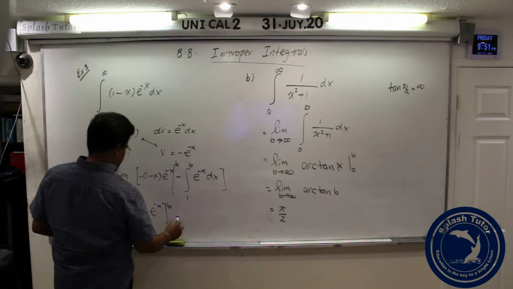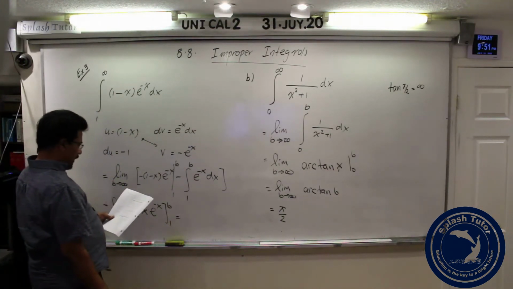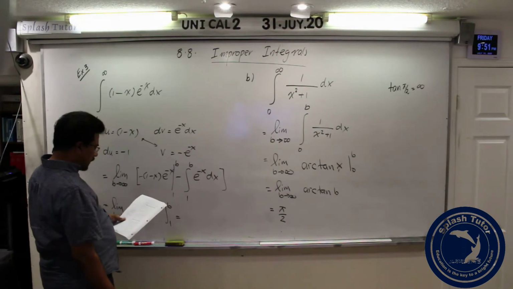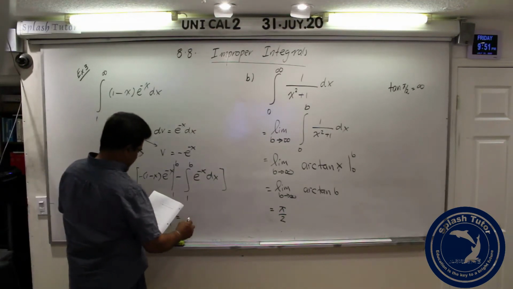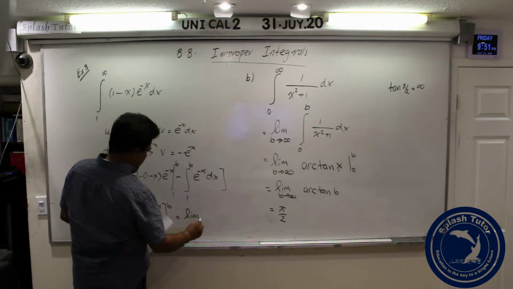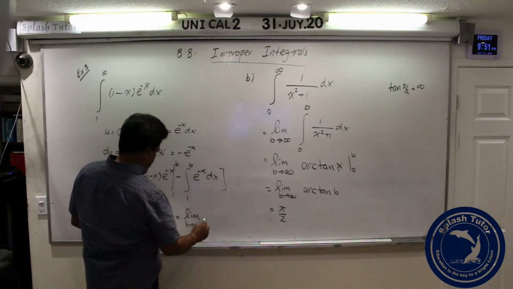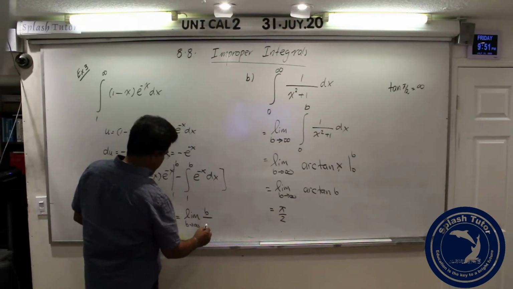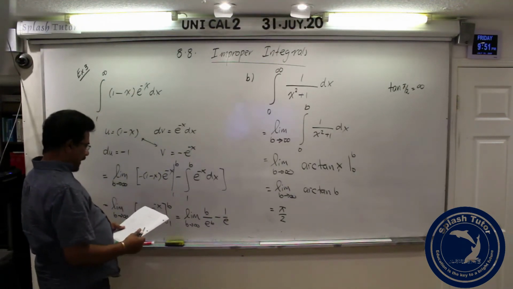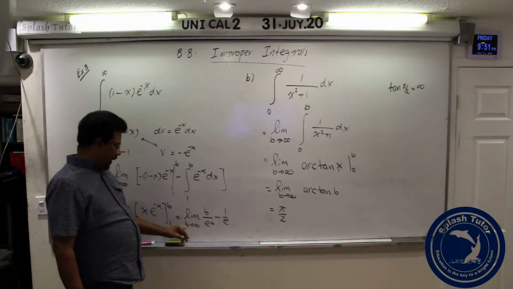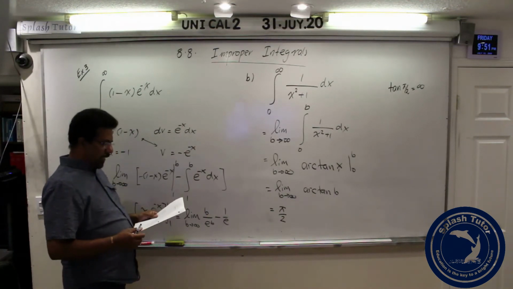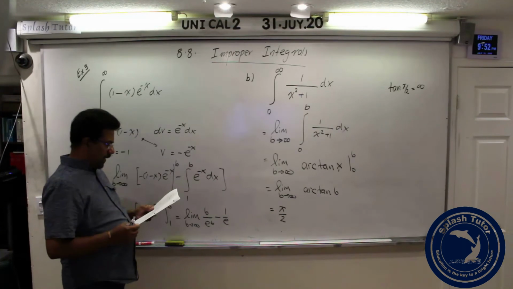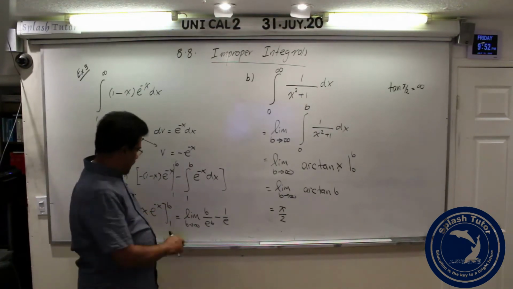And when you plug in the limits, b goes to infinity, we get b over e to the power b minus 1 over e, right? Now what is that? B over e to the power b, that is 0, right?